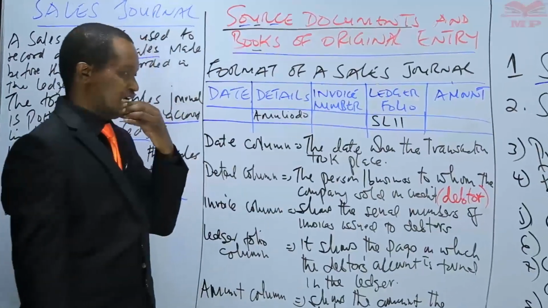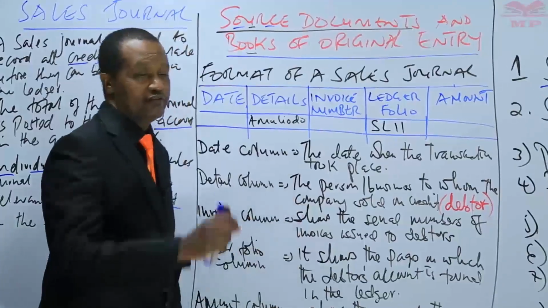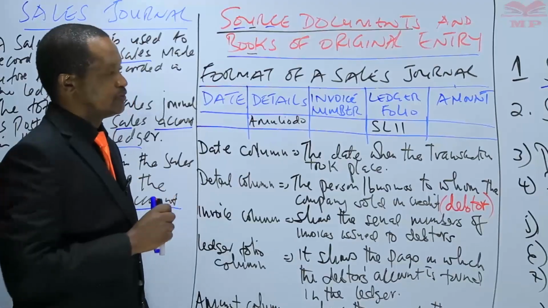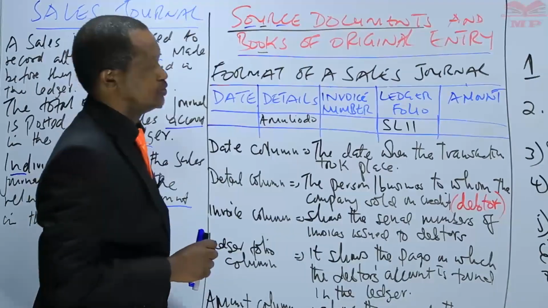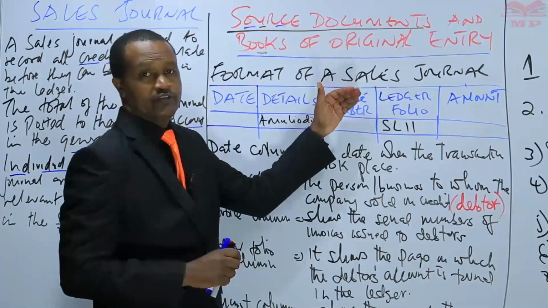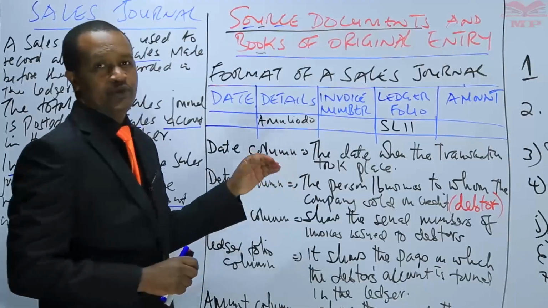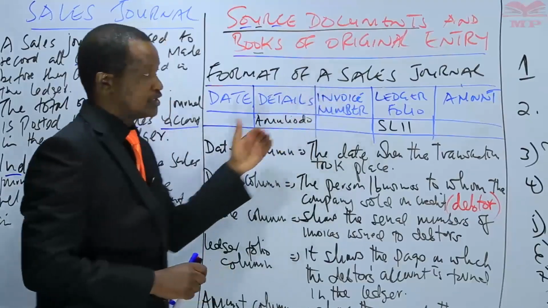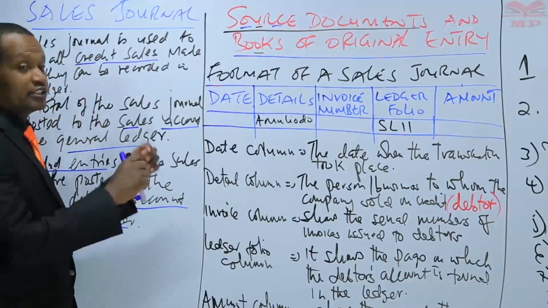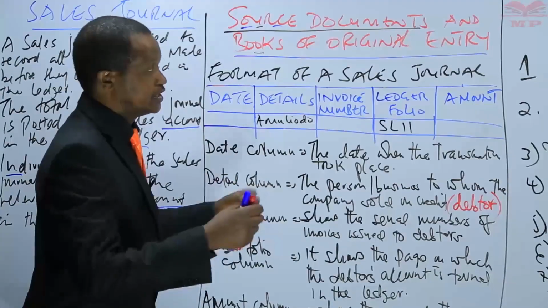So learners, this is a good chance now to have an illustration, and before I move into an illustration, I want you to go through the video once more. All right, we'll take a break so that you go through the video once more. Try to understand what I've been saying, because remember, we learn through repetition.